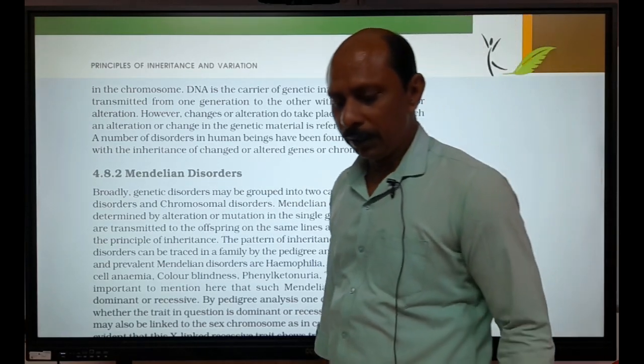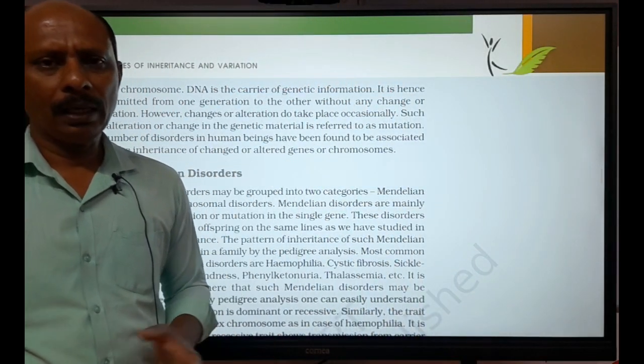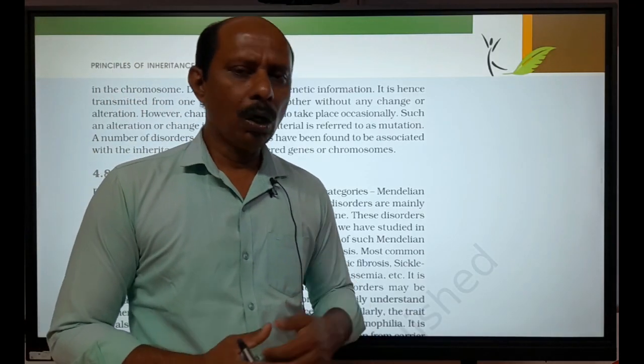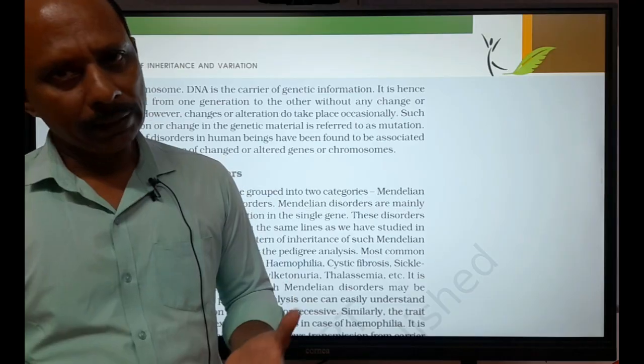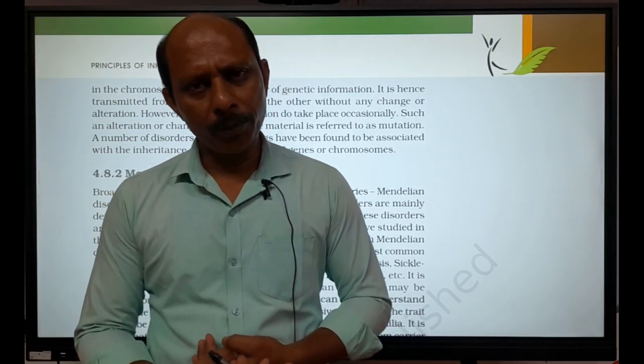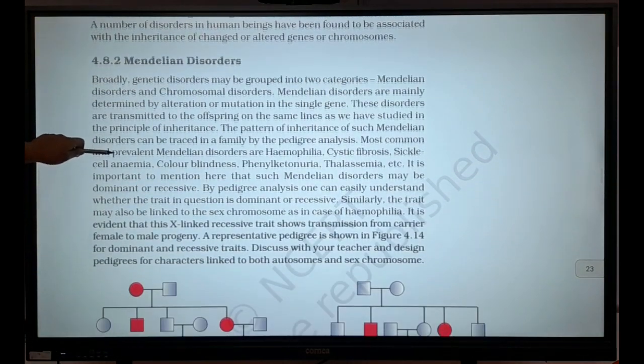Chromosomal mutation means either through aneuploidy or euploidy, that is ploidy, trisomy or tetrasomy, or through chromosomal aberration, point mutation or frame shift mutation, right? Some Mendelian disorders are given here. Mendelian disorders.